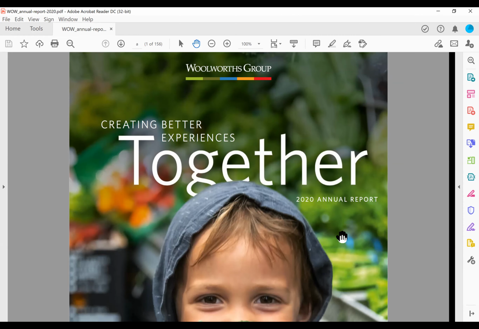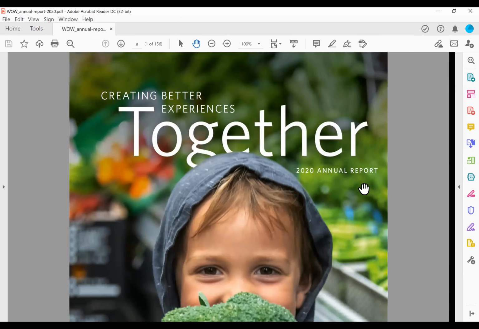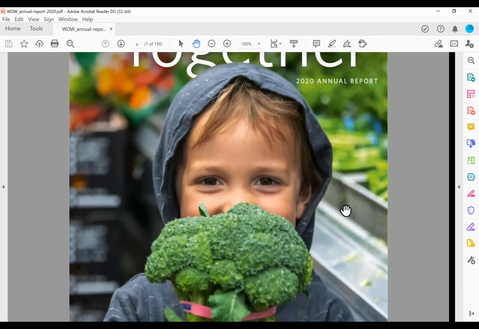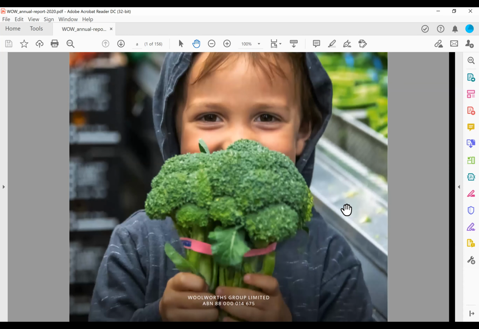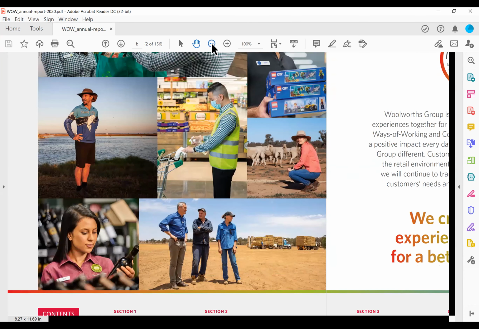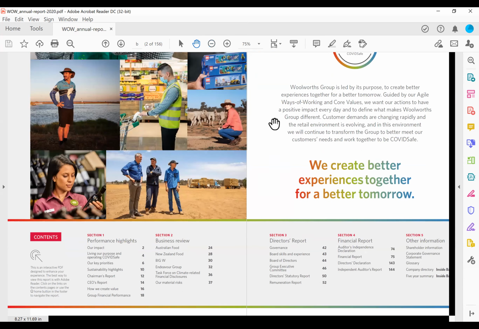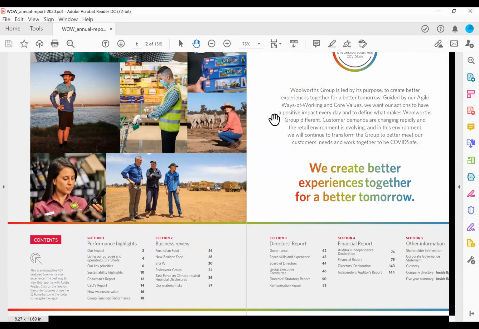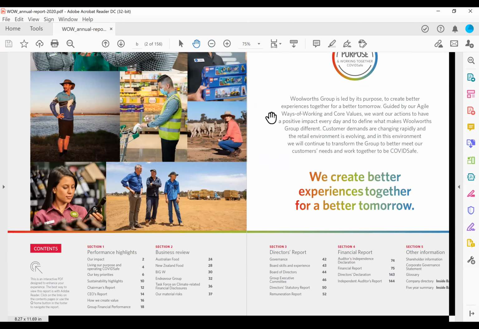All right, so when we start having a look at what's in the report, let's make that smaller so I can see two pages at once here. So when we look at the contents page, notice they give you a lot of pictures. It's a nice glossy document. They have great looking diagrams through it and lots of smiling faces.